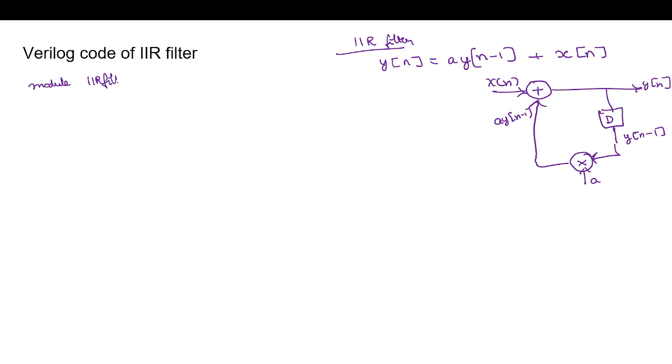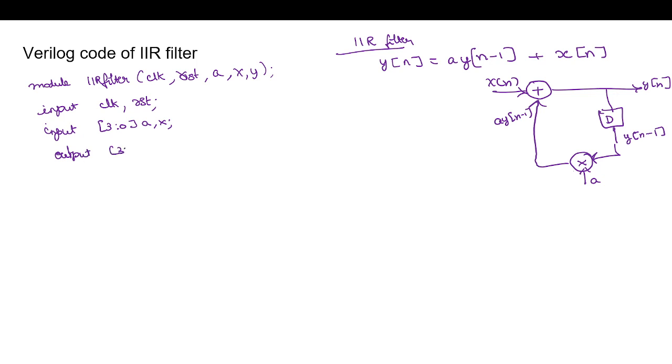IIR filter, with clock, reset, A, X and Y. The inputs are clock, reset, and then 4-bit input A, comma X, and then the output Y, 3 down to 0.